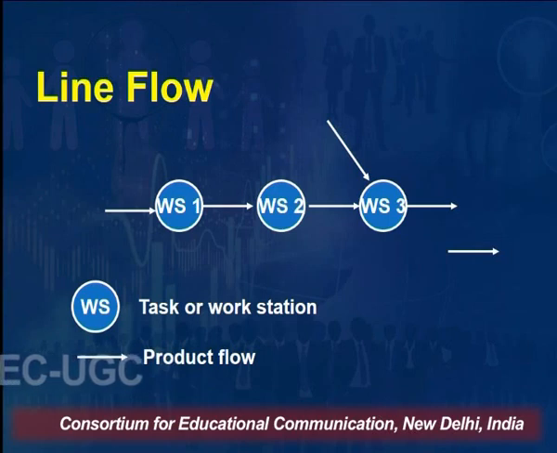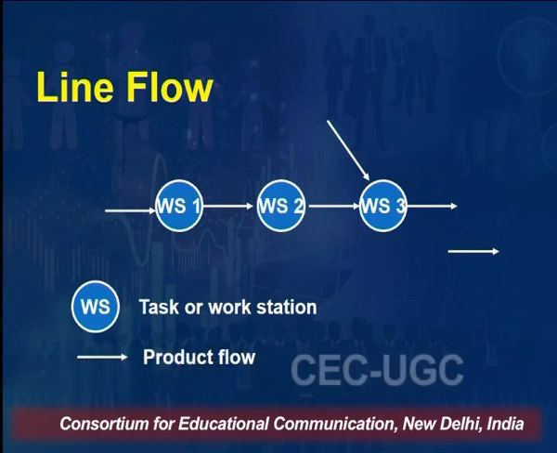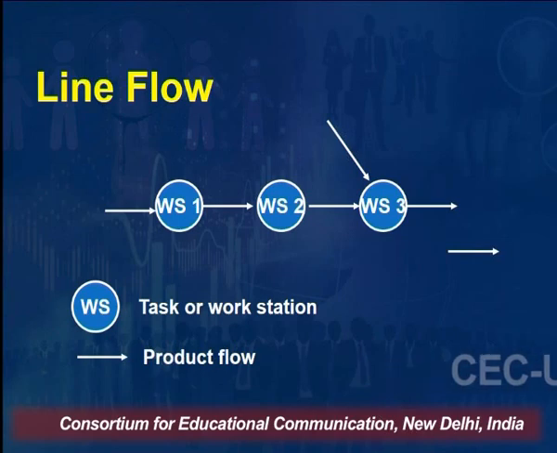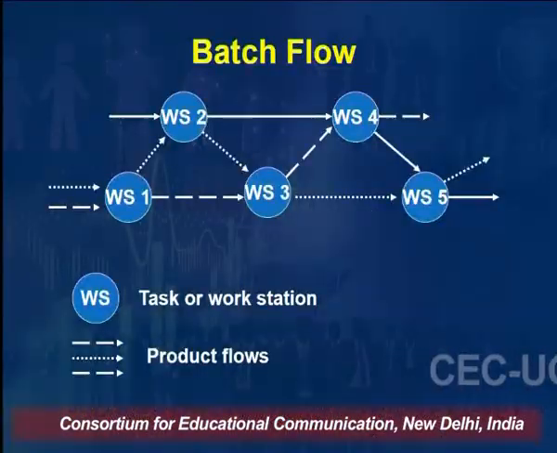Here we are showing a horizontal direction, but this could be a vertical direction or a zigzag direction; it will follow whatever direction you set. So this is called a line flow. It doesn't matter whether it is S-shaped or V-shaped, but it has to follow the same direction.